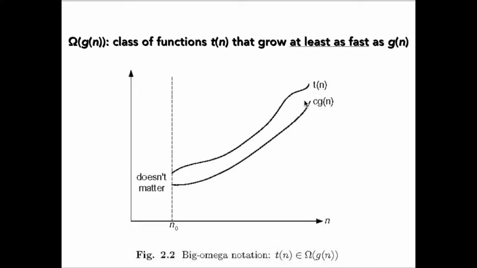So, yung contrary naman is if we have omega of g of n. So, that includes all functions above g of n. So, nandito sa part na to. Okay? We can say that t of n is bounded below by some function g of n, or t of n grows at least as fast as g of n.